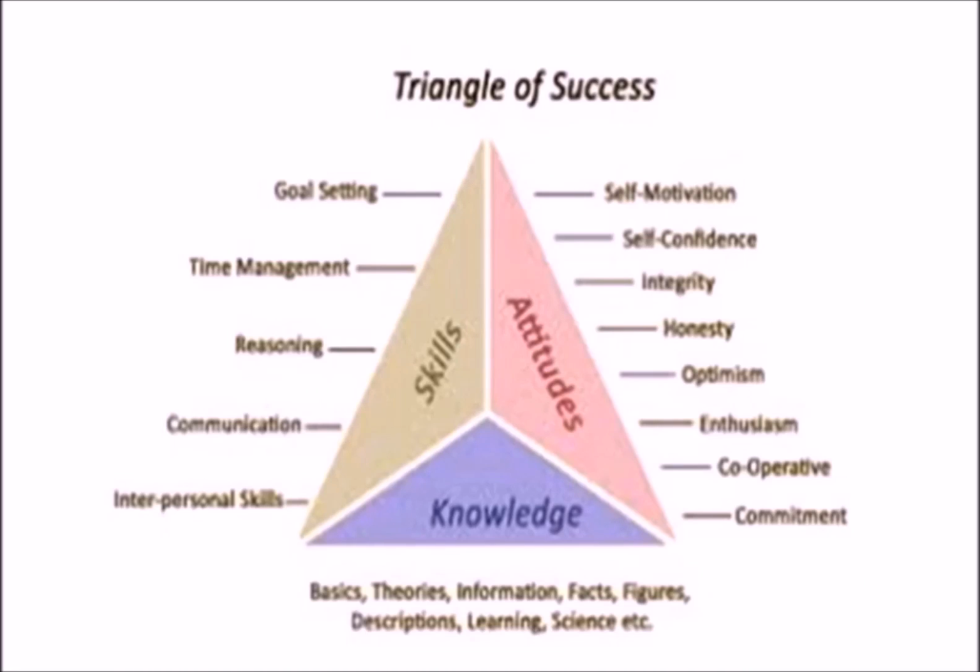Now let us see how success is achieved in an organization. Here we have shown a triangle known as the KSA triangle, that is knowledge, skill and attitude triangle. We know that for achieving success in an organization, we must have proper knowledge, the required skills and the required attitude.